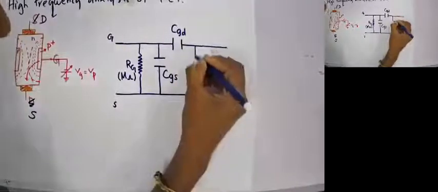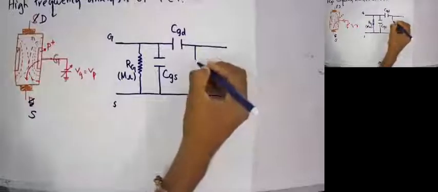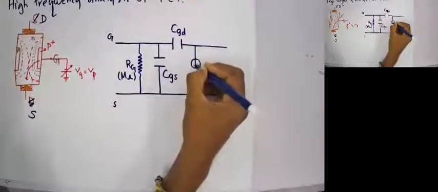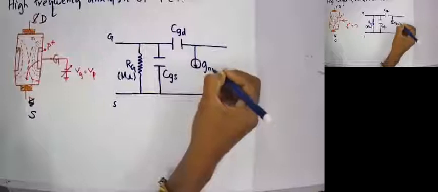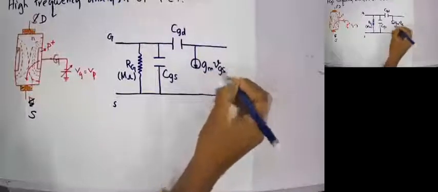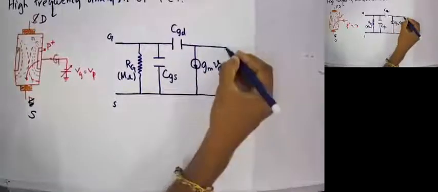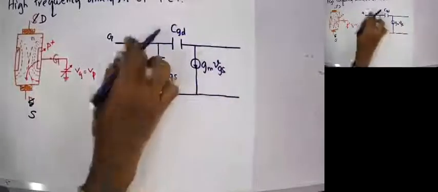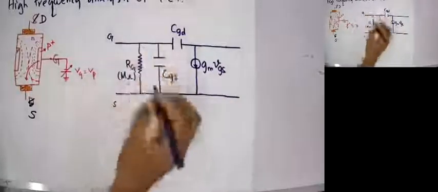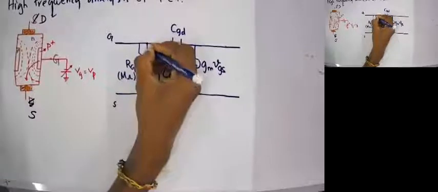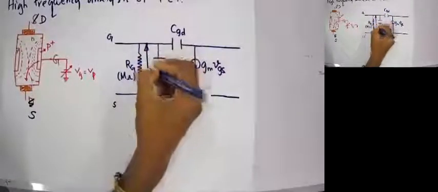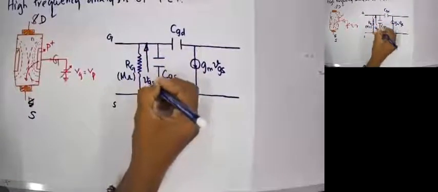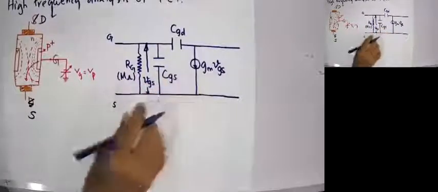Still we have our gm into VGS here. In a BJT, we had gm into V pi, where V pi is the voltage across this one. Here it is similar, but this voltage is referred to as VGS, the gate source voltage.